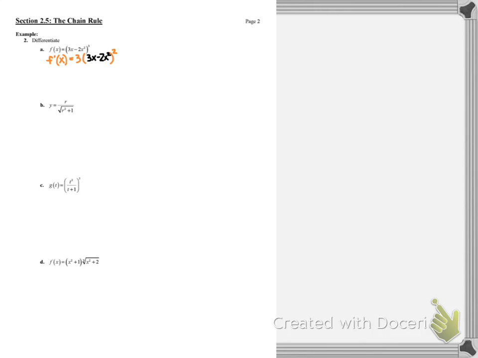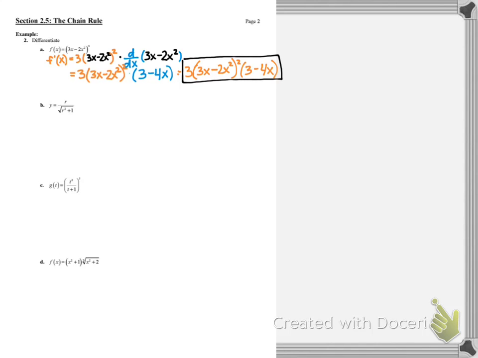Then I need to take the derivative of that inner function, so I'm just writing derivative of the inner. The derivative of the inner would be 3 minus 4x. Then we simplify by rewriting all of that, and that would be our final answer.